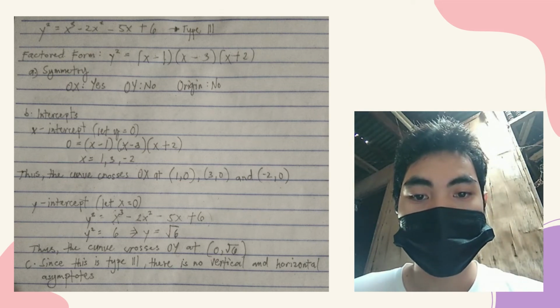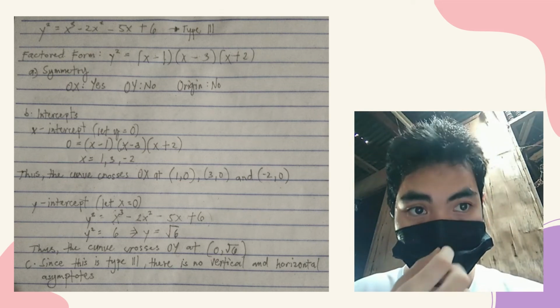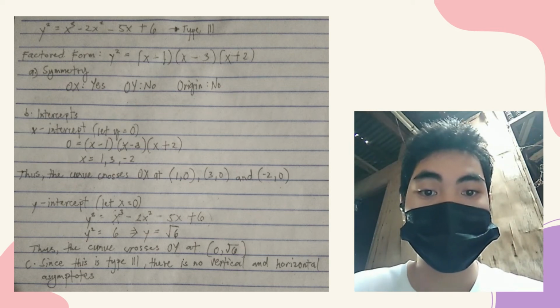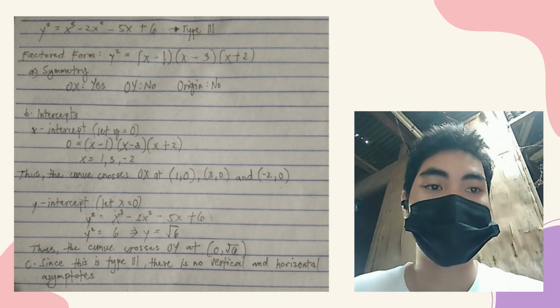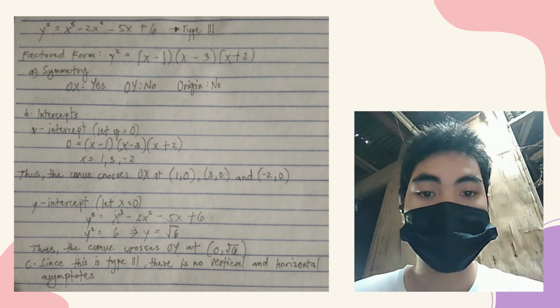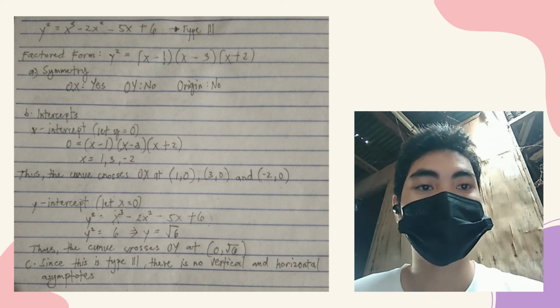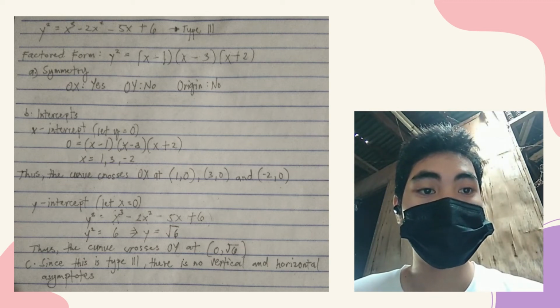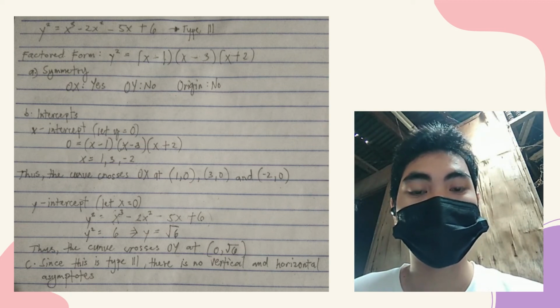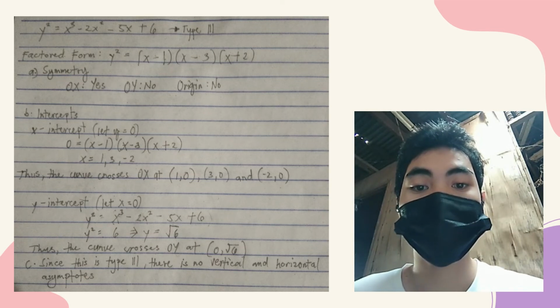To get the x-intercepts of this equation, we will let y equal to 0. We will substitute the variable y with 0. So, using the factored form, 0 is equal to x minus 1 times the quantity of x minus 3 times the quantity of x plus 2.